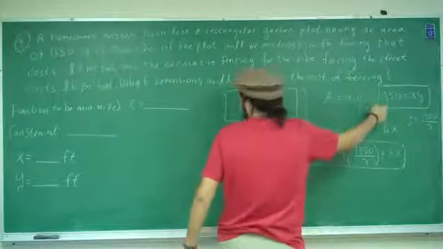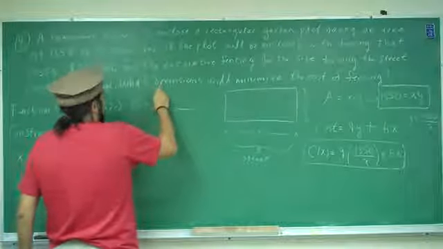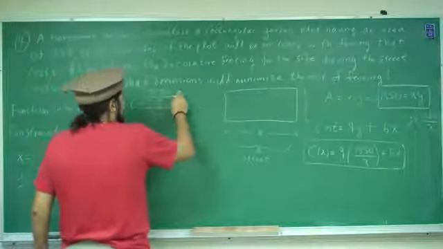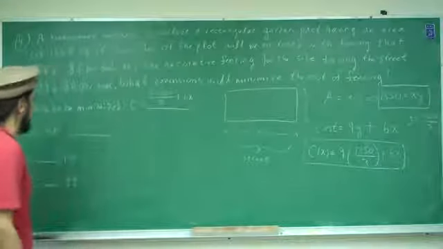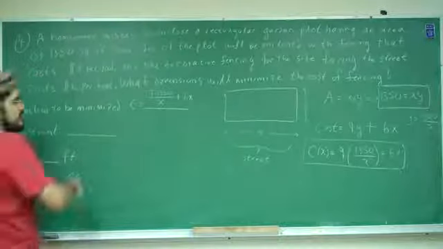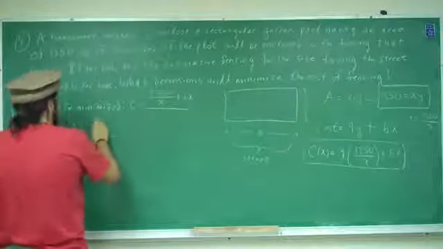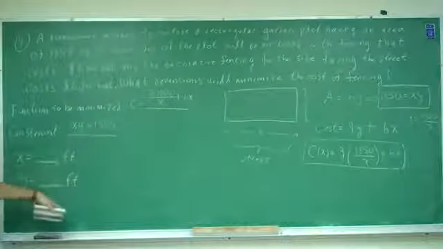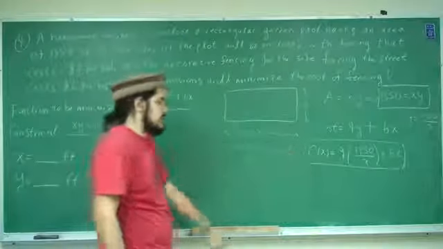So cost function, constraint, that goes here. Just say 9 times all this, plus 6x. And then the constraint is xy equals 1,350. Now I want to find x and y. So what I want to do is take the first derivative, so I've got to do this first derivative test.